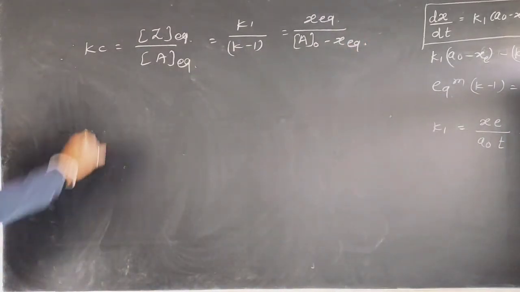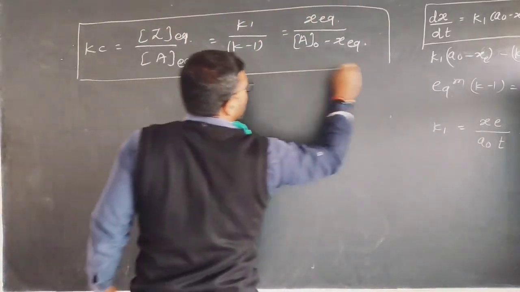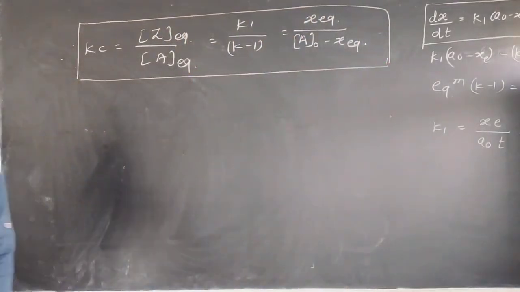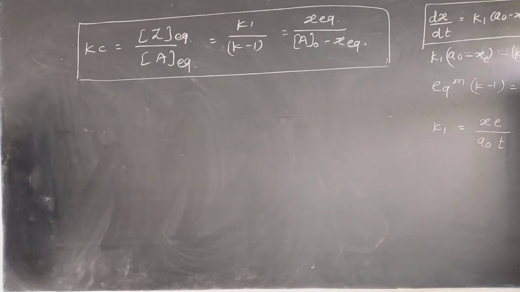This is also an equilibrium constant value for the reaction approaching equilibrium or opposing reaction.